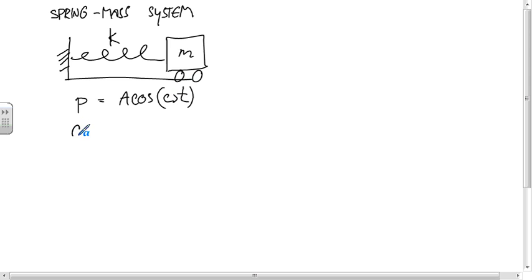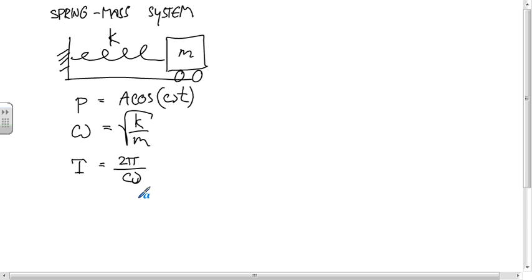And we know that omega is equal to the square root of K over M. And we know that we can calculate the period this way, right? So we can figure out everything about the motion.